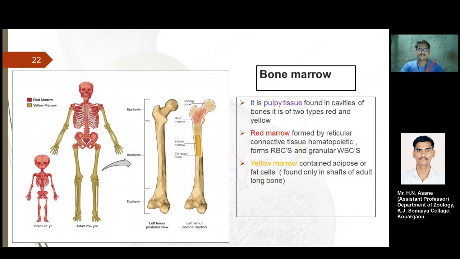Our whole skeletal system is not producing RBCs and WBCs because we are in the adult stage now.